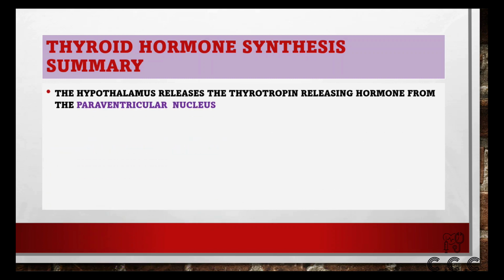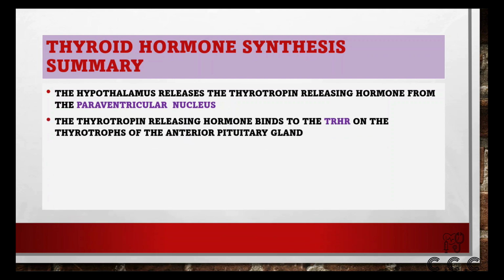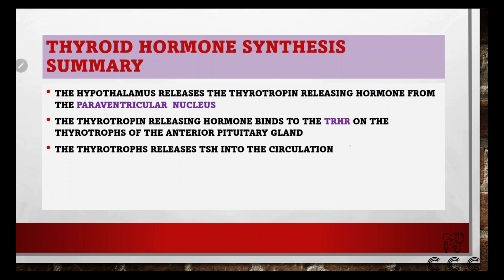The first process: the hypothalamus releases the thyrotropin releasing hormone from the paraventricular nucleus. The paraventricular nucleus is important here. The second: the thyrotropin releasing hormone binds to the thyrotropin releasing hormone receptor on the thyrotropes of the anterior pituitary gland, because thyrotropes will produce the thyroid stimulating hormone into the circulation.